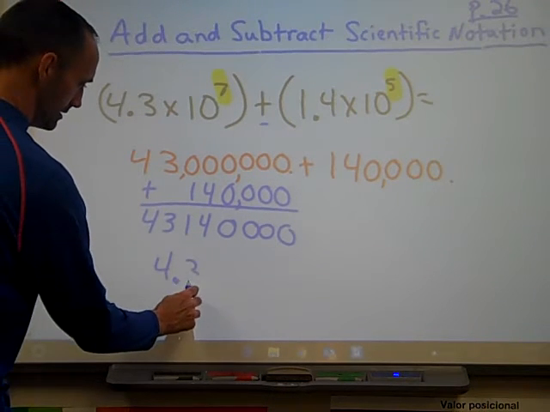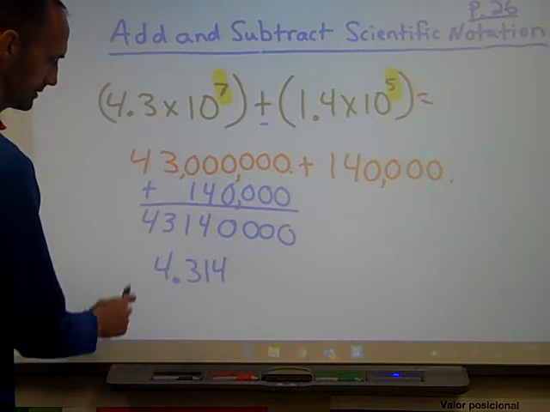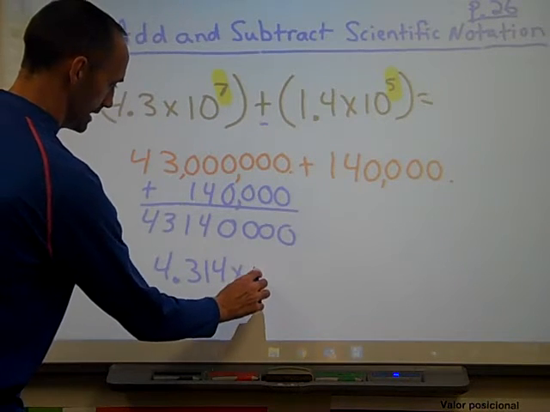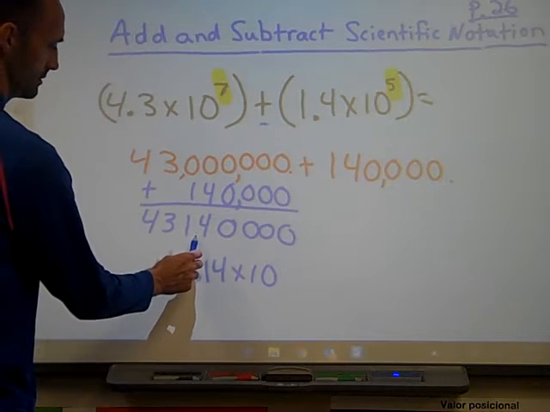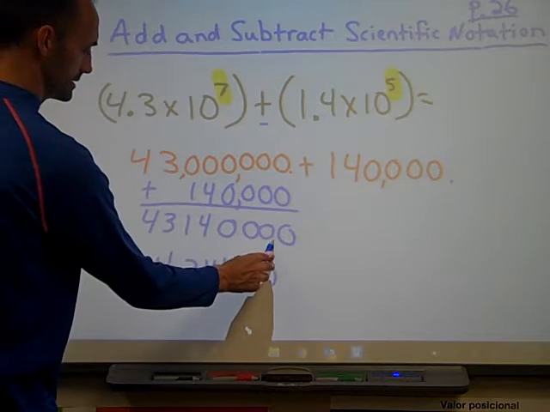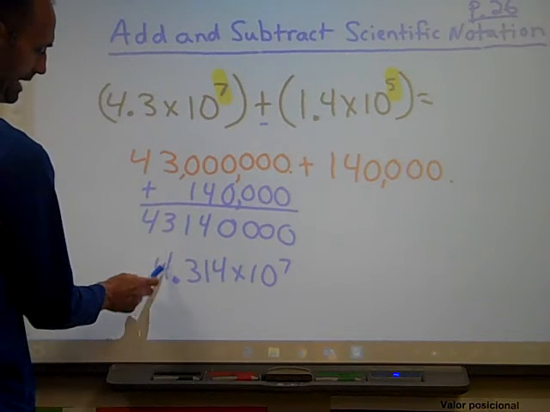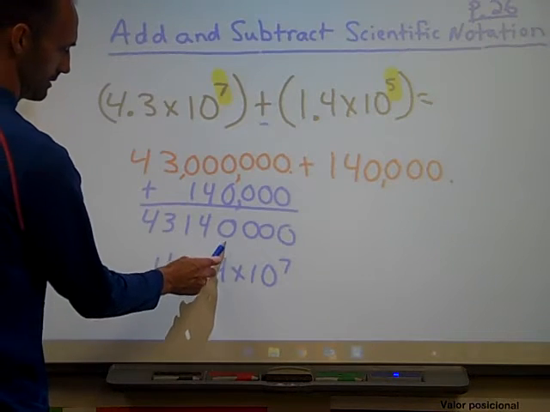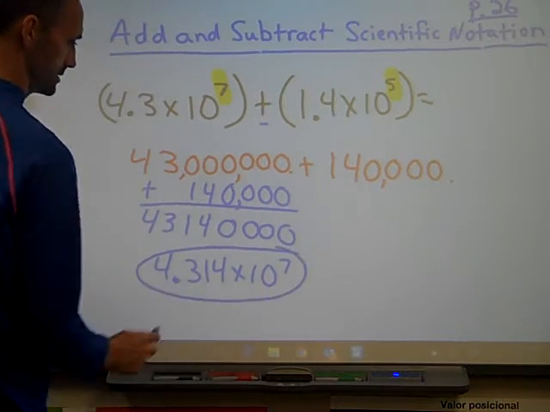Copy everything else until I have only zeros. So 4.314 times 10 to the 1, 2, 3, 4, 5, 6, 7. Again, we'll count it. I have to have it here. 1, 2, 3, 4, 5, 6, 7. So there's my answer.